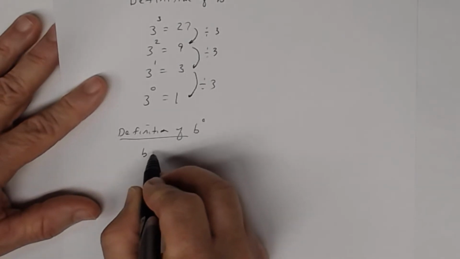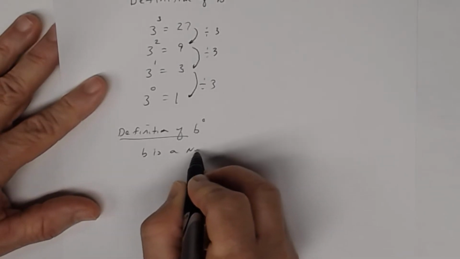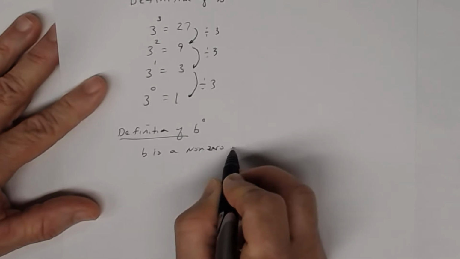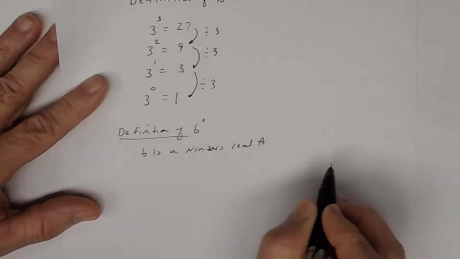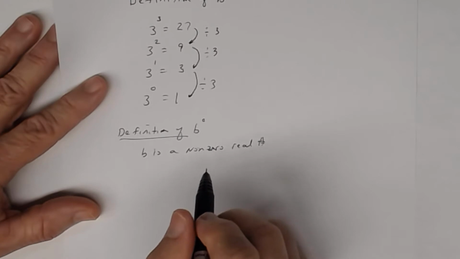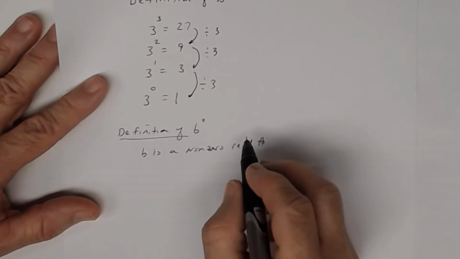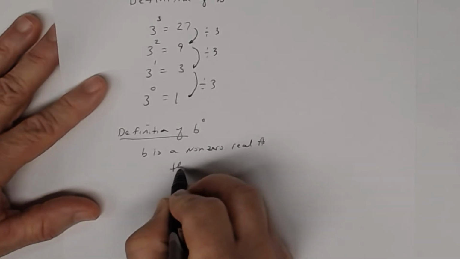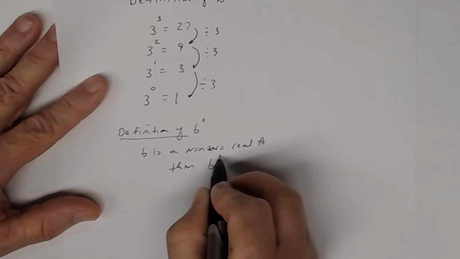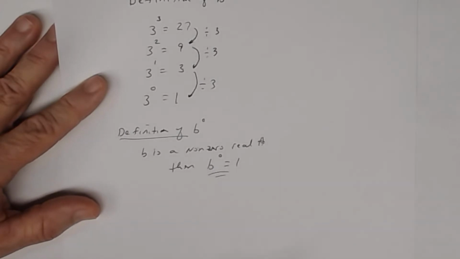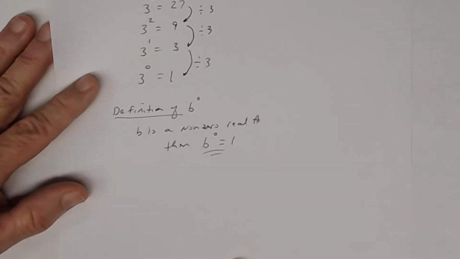Your base can be any number but 0. So by definition, b to the 0 power equals 1.